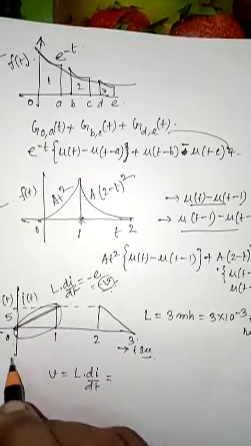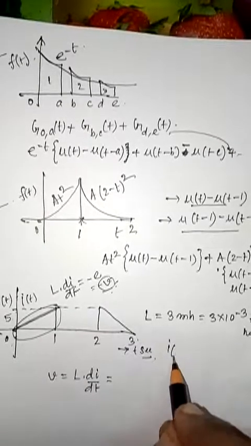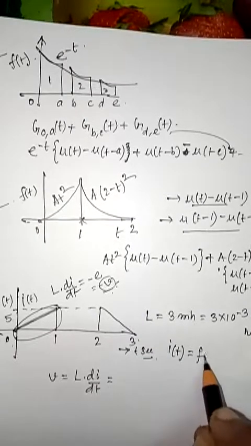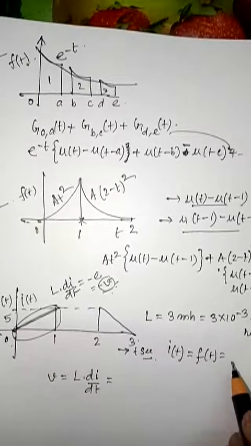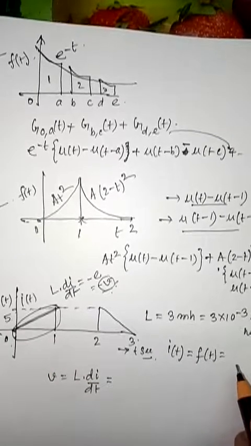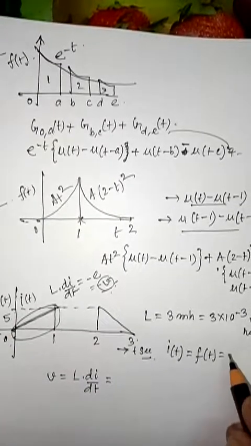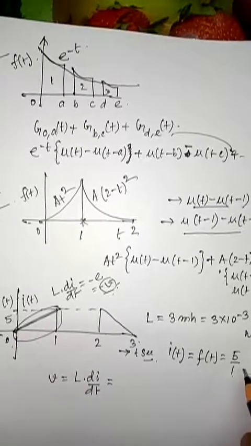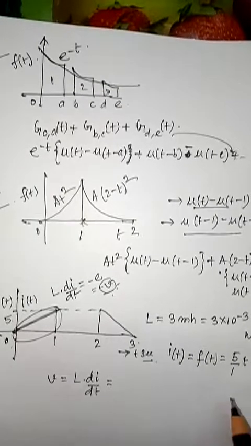So what is the value of i here? I can write i(t) by this particular waveform. You can see that i(t) equals, in terms of f(t), a straight line. What is this straight line? The intercept is 5 at 1, so it is 5 by 1 into t. So it is 5t. This is a straight line.